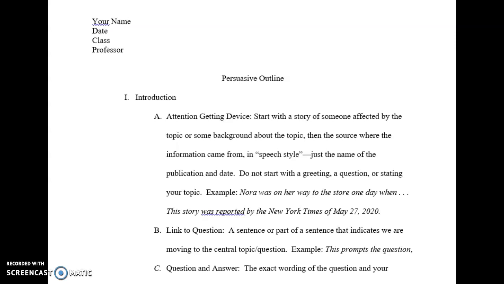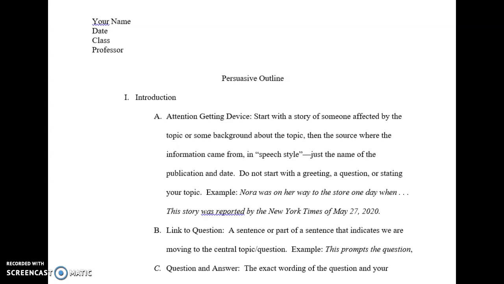You will be typing this outline, making sure that you use the tools available to you in Microsoft Word to get all of the outline formatting correct, or you can simply download the template and type your information in there.